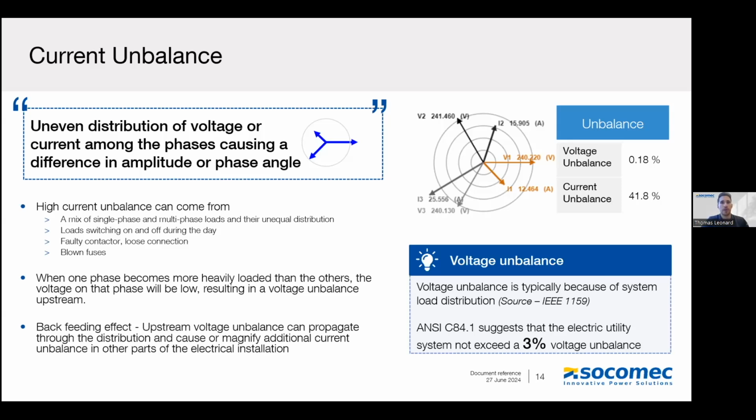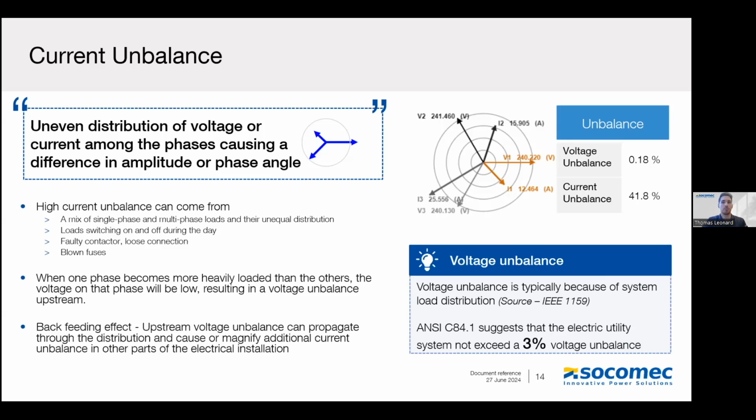But that current imbalance will also result in voltage imbalance upstream. And depending on the load level, the current level, that upstream voltage imbalance can become pretty high and can actually have a backfeeding effect on the rest of the electrical installation.